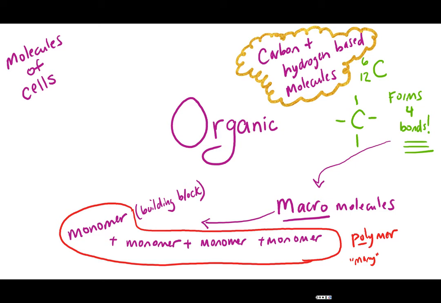And we can describe these chains of monomers as being polymers, where that prefix poly means many. So when we're talking about macromolecules, we're very often talking about polymers. So in each case, we'll look at what is the monomer, what is the building block, and then what are examples of polymers, or what does it look like when they come together.